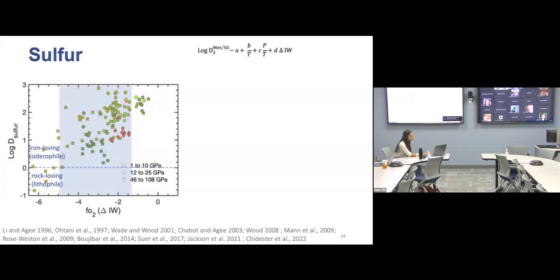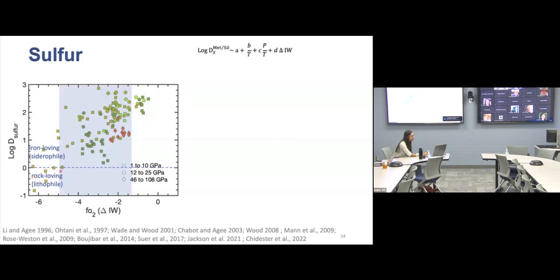I just wanted to point out that log partition coefficient is on the y-axis, and a positive log D means an element likes to be with iron, or it is siderophile, and a negative log D means it prefers to be in rocky phases, often referred to as lithophile.